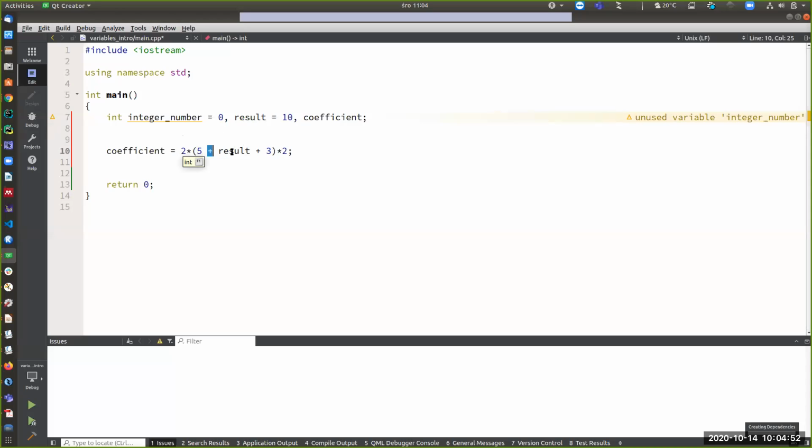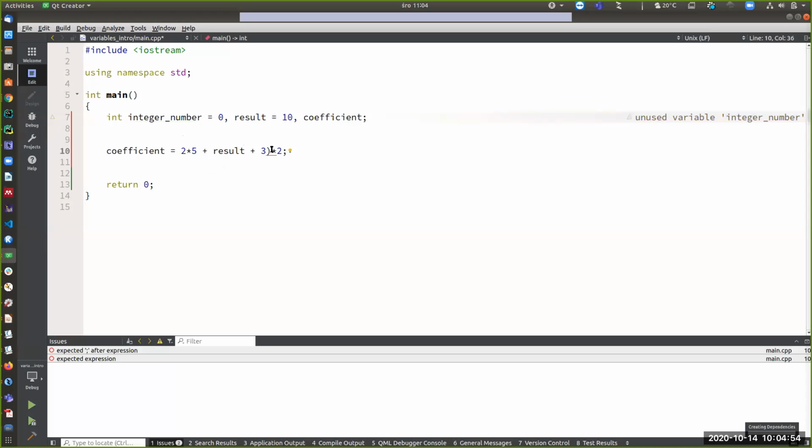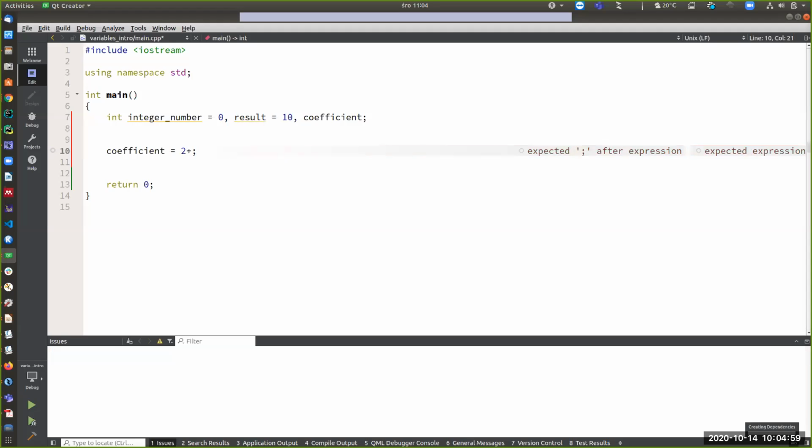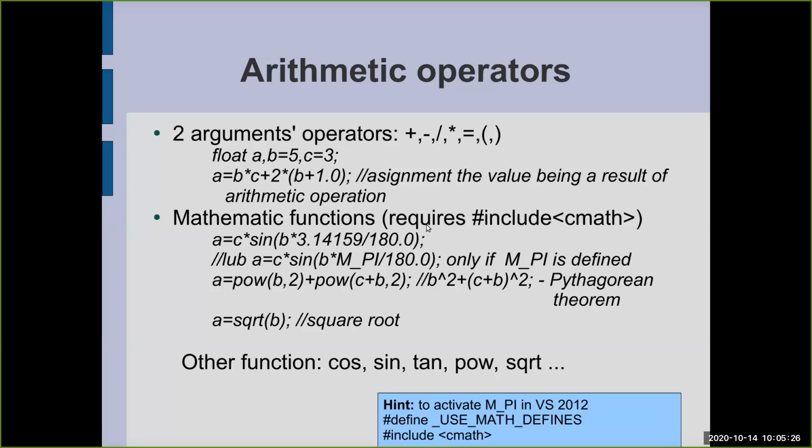So if we have an operation like this, maybe I will simplify it. What will be the result of this operation? Yeah, 13, because the operation is performed according to standard math.